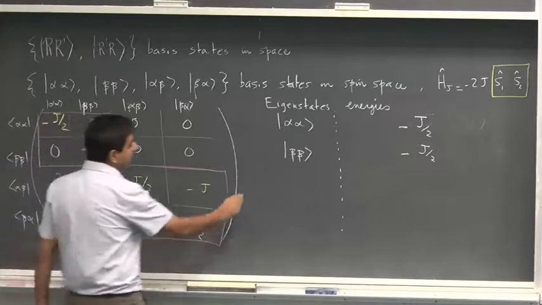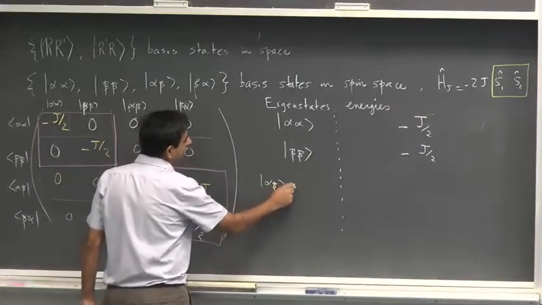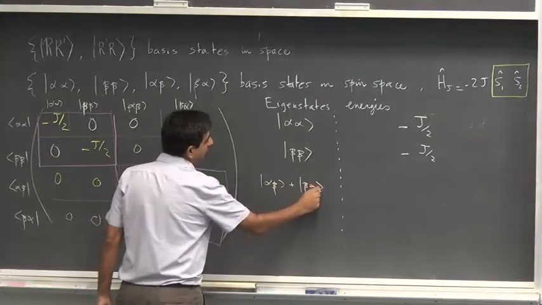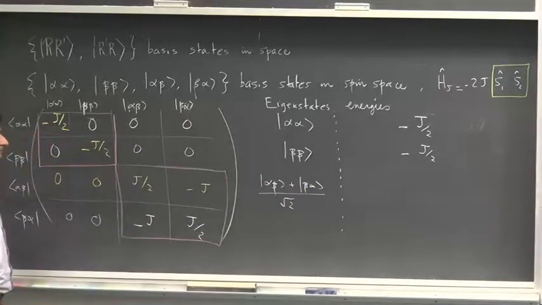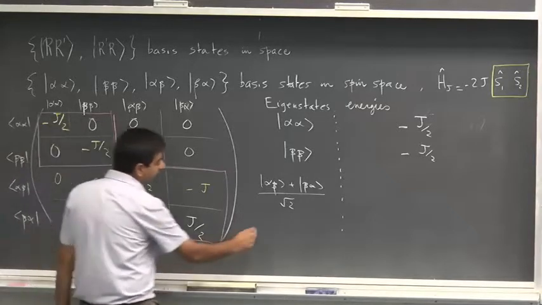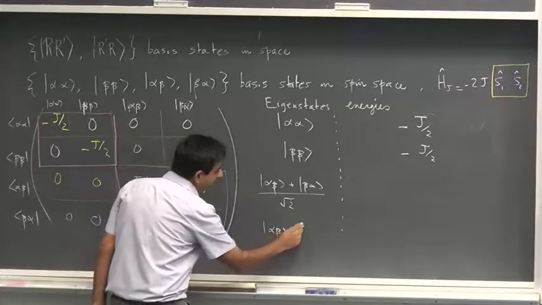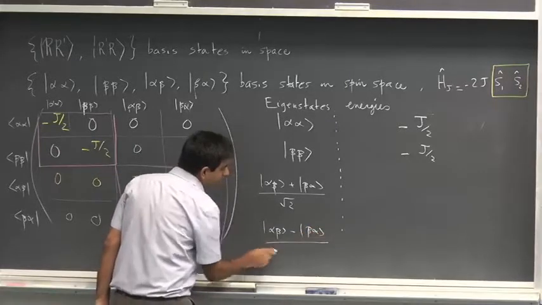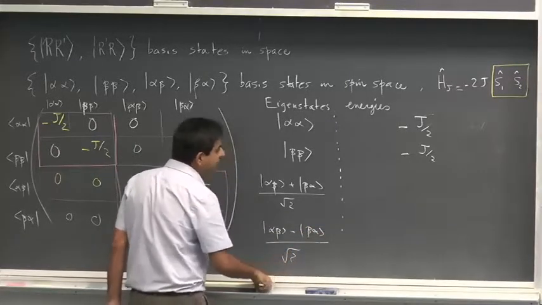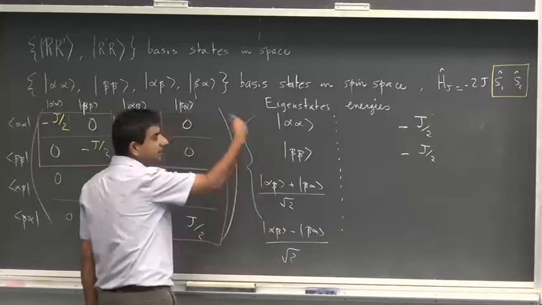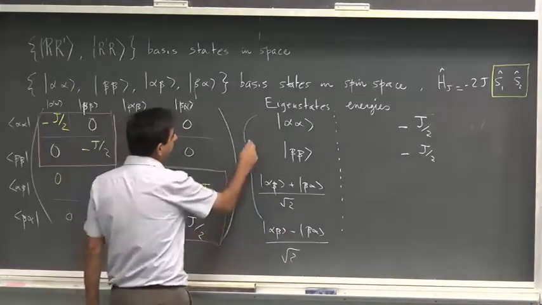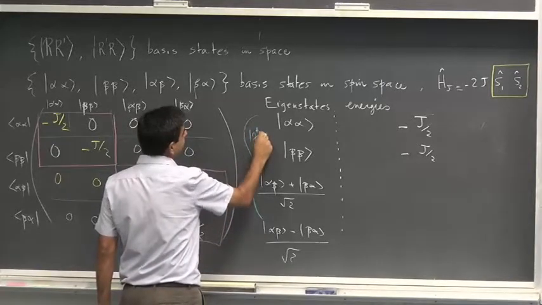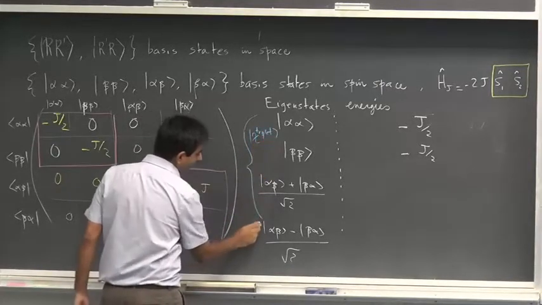One eigenstate is going to be alpha beta plus beta alpha over root 2, and the other eigenstate is going to be alpha beta minus beta alpha over root 2. So with the help of this exchange Hamiltonian, we have naturally split up the spin basis states into two manifolds. One are the triplet states and the second is the singlet state.